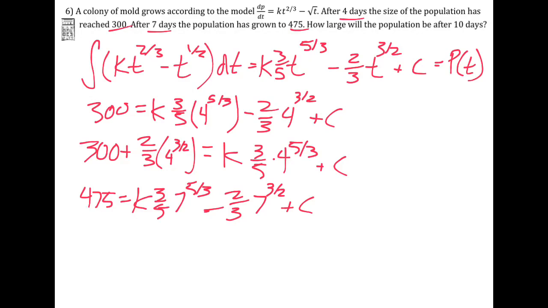And we're going to do the same thing. We're going to add that little 2/3 times 7 to the 3/2 to the other side. So we're going to get 475 plus 2/3 times 7 to the 3/2 equals k times that 3/5 times 7 to the 5/3 plus c.